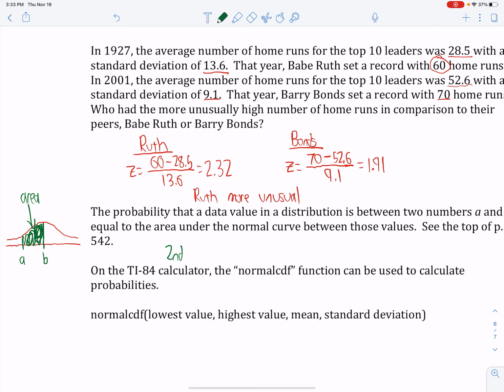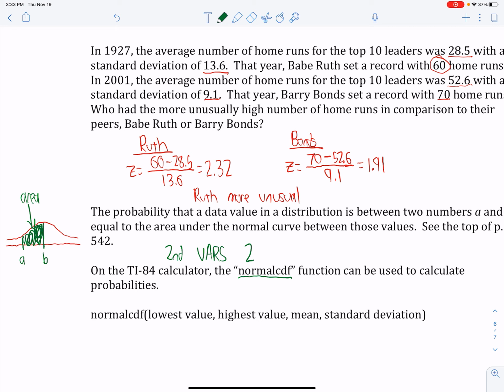What you do is you press the second button and then the button that says VARS. And then the second one is what we call the Normalcdf function.